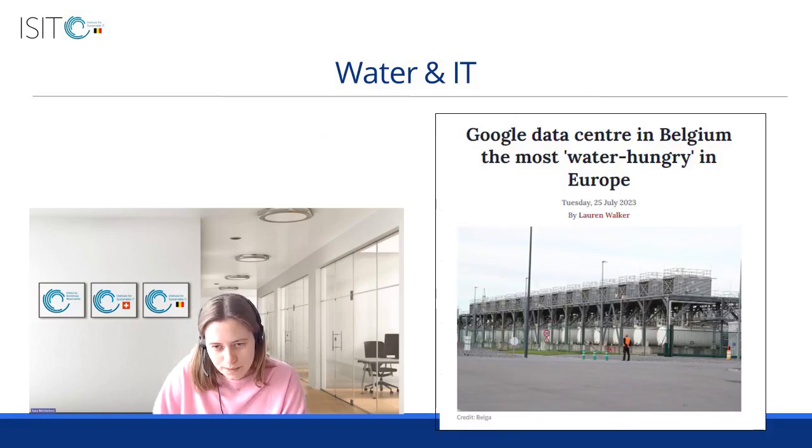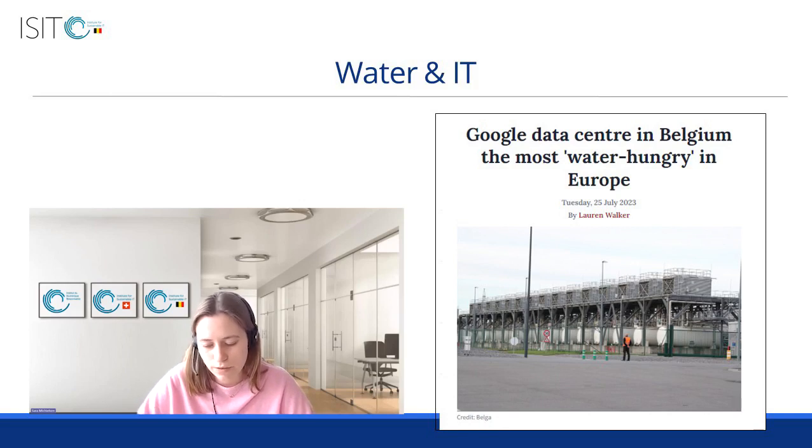However, this is abroad in Taiwan, but we might have heard as well here in Belgium other news about one of the biggest data centers of Google, settled in Saint-Ghislain in Belgium, which apparently is one of the most water hungry in Europe itself. More about this will be explained by Professor Alain Dassargues later on.